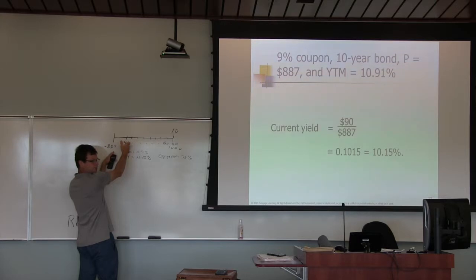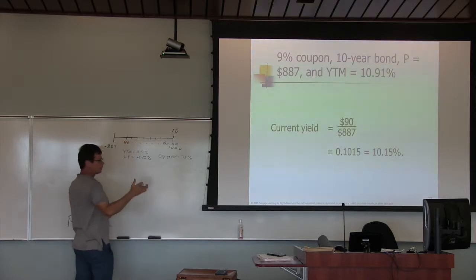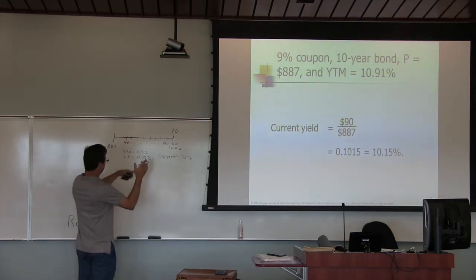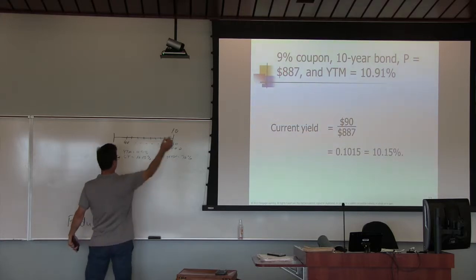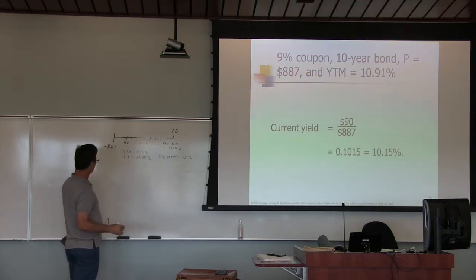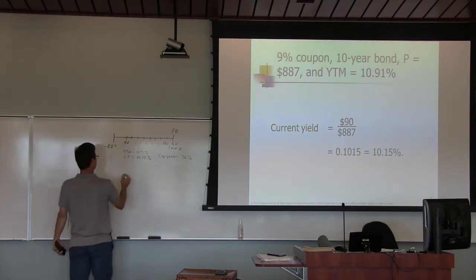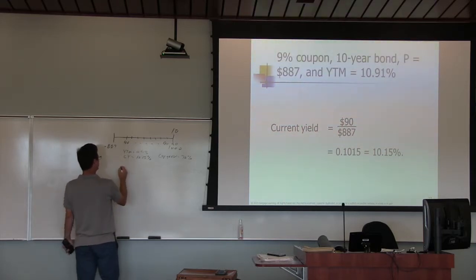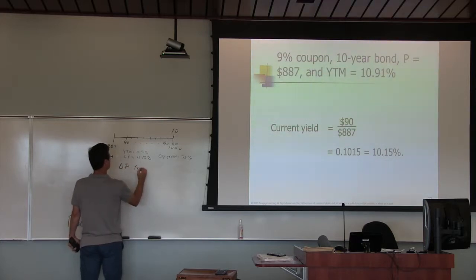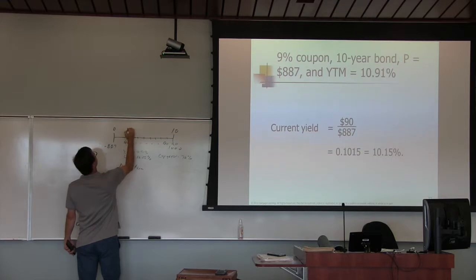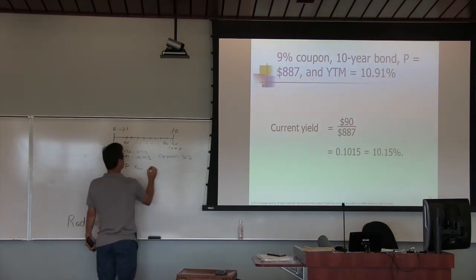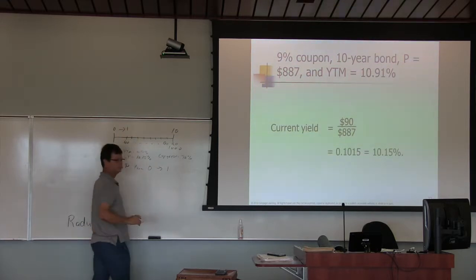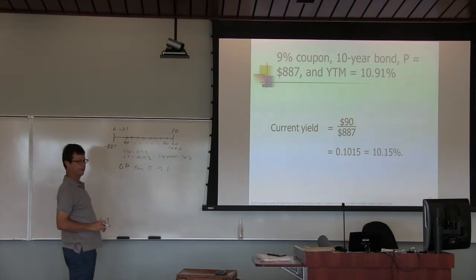So instead of going with the price of 887, we need to find what is going to happen to this price and how it's going to change. I'll just say that we're going from year 0 to year 1, right? What's going to happen to the price in that case?